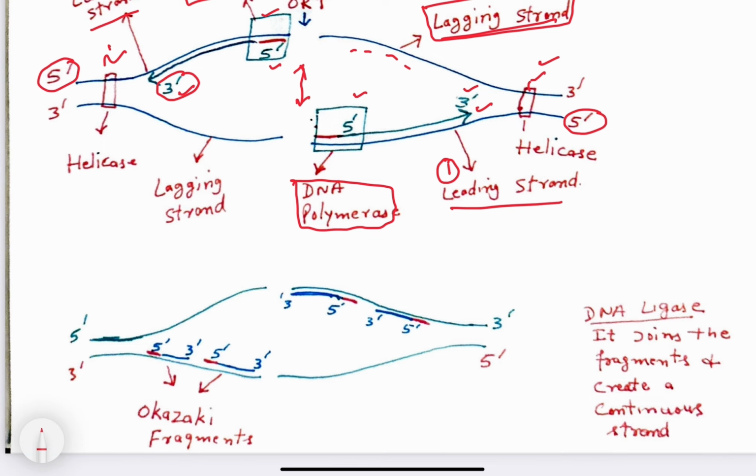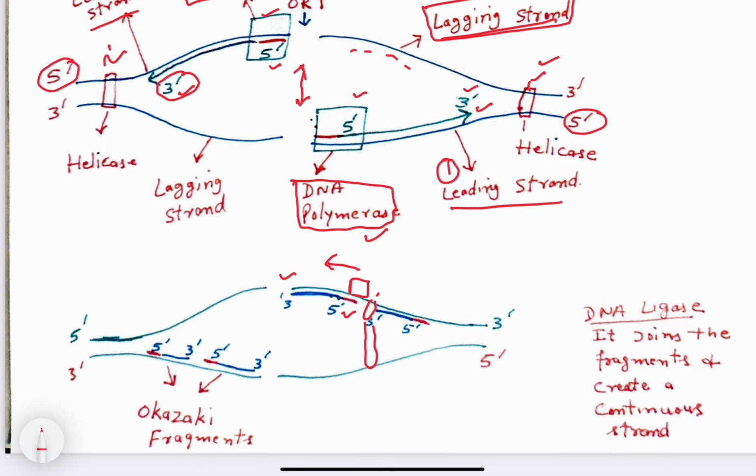So there's a requirement that DNA polymerase, which is right here, it also joins right over here. It only does the replication from 5 prime to 3 prime end. Okay, and that's the only direction it moves to. So for it to move from 5 prime to 3 prime end, as soon as helicase unwinds this part of the DNA, it joins right here.